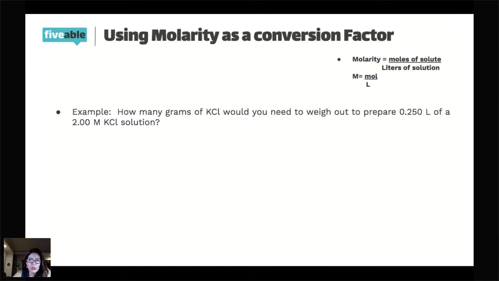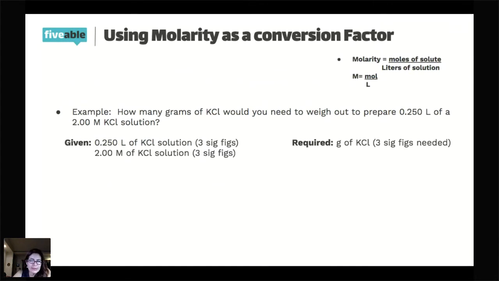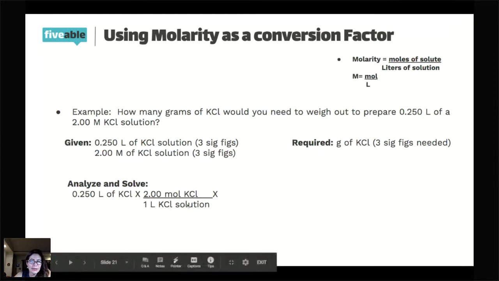So what you're going to do is, again, list the given and the required. Then you're going to start with the liters. And then you're going to switch the 2 capital M, the 2 molarity, to its components, which are 2 moles per liter. By doing this, now I can cancel liters of KCl.